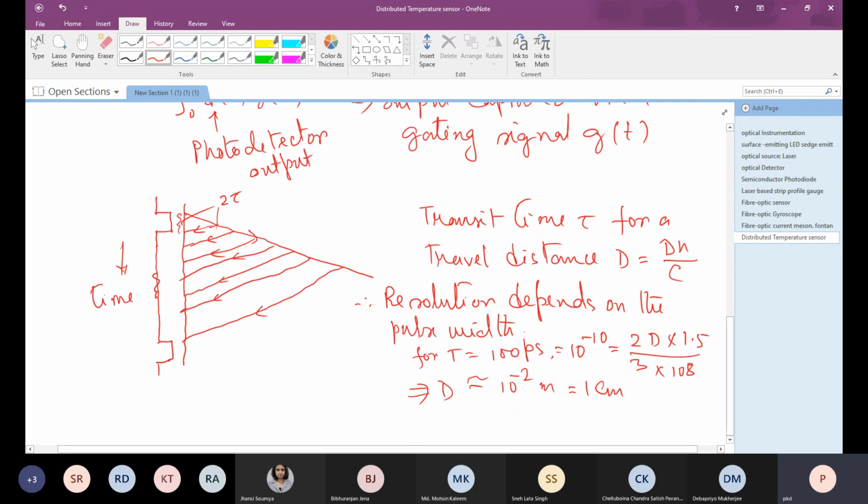What is done is that after 1 millisecond, again one pulse will be there, and assuming that in 1 millisecond, 2 millisecond time, the temperature of that spot may not change drastically, because thermal time constants are usually high. So therefore, we can make n number of such repeated measurements and correspondingly average the output.